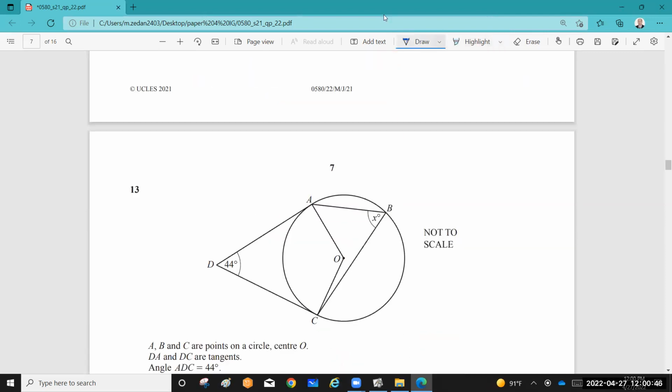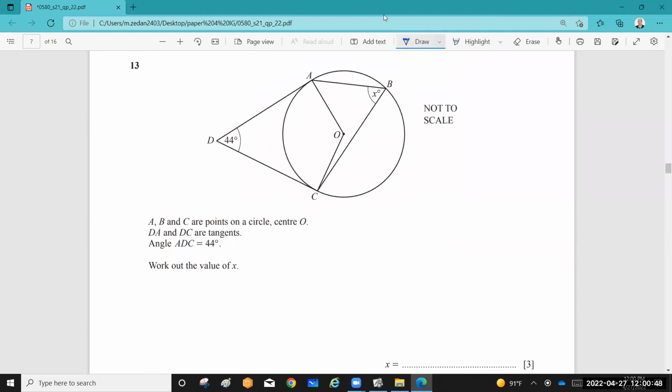I have a circle here, and I have to work out the value of x. The x is half the central angle 2x. This is a cyclic quadrilateral because angles A and C are right, the radius is perpendicular.